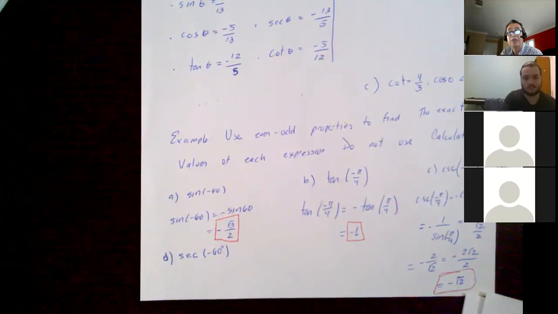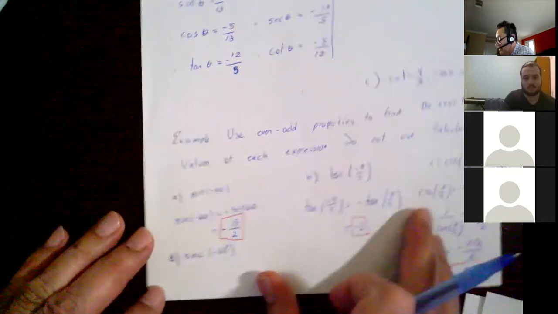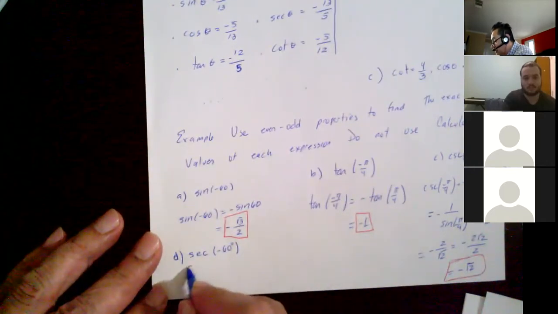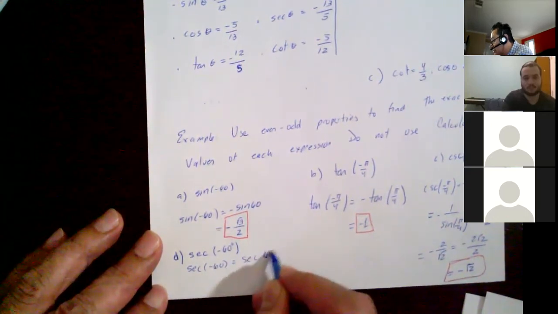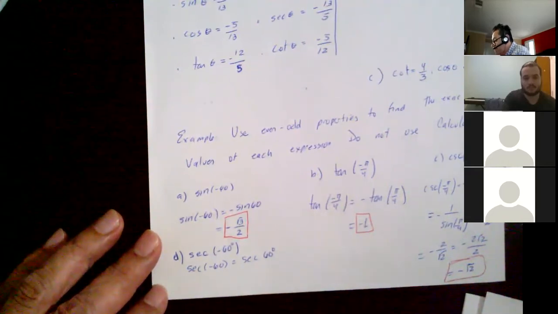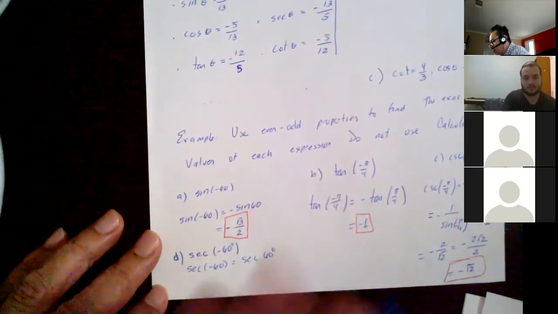I'm just waiting a little bit more for you to find it. The secant is the reciprocal of the cosine, right? So it is even, by the way, you guys. It is even, okay? Since the cosine is even, the secant is even. So secant of negative 60 is the same as secant of 60 degrees. But I don't know, off the top of my head, what secant of 60 is.